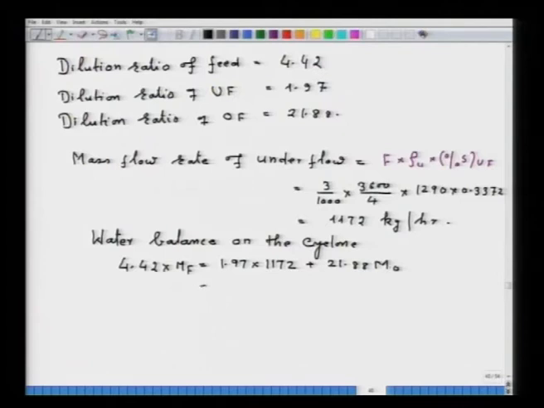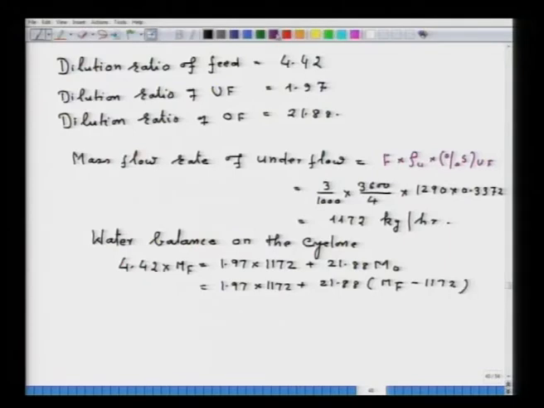Now, we know that by mass balance we can replace MO. So, that will be equal to 1.97 into 1172 plus 21.88 into (MF minus 1172).